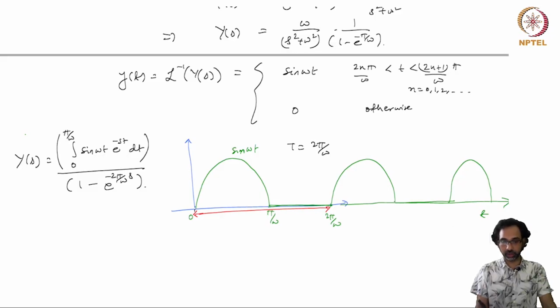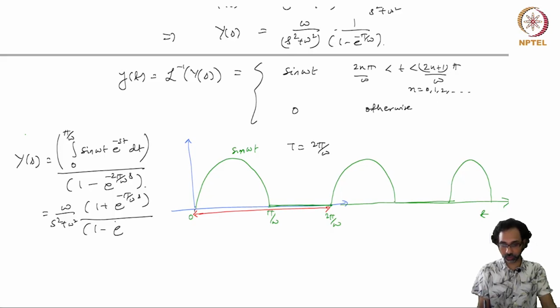the numerator upstairs is given by omega by s square plus omega square times 1 plus e to the power minus pi by omega times s, divided by 1 minus e to the power minus 2 pi by omega times s.